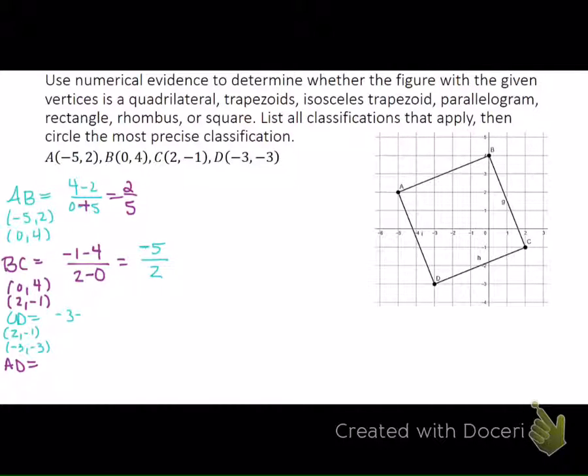So you have negative 3 minus a negative 1 over negative 3 minus 2. So that is negative 2 over negative 5, which is a positive 2/5.